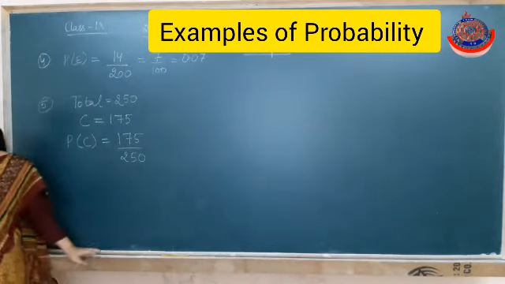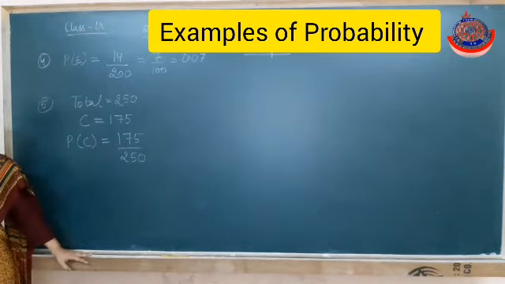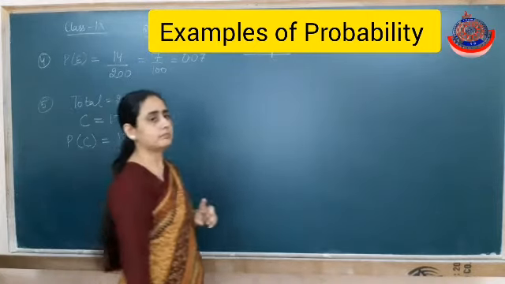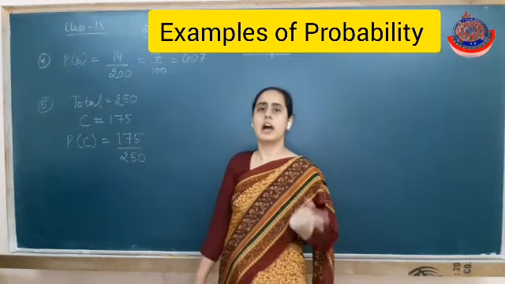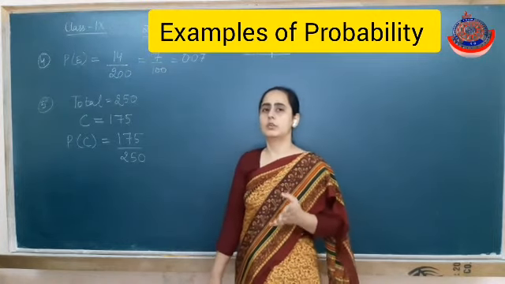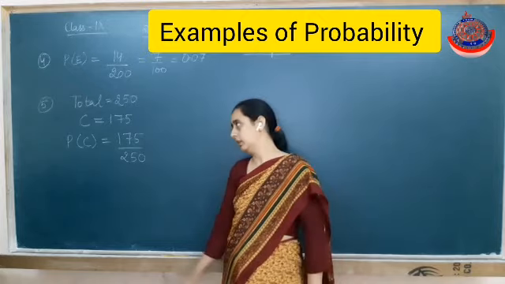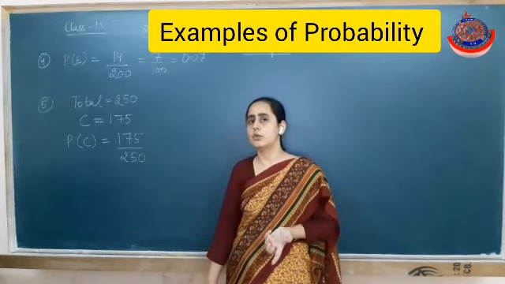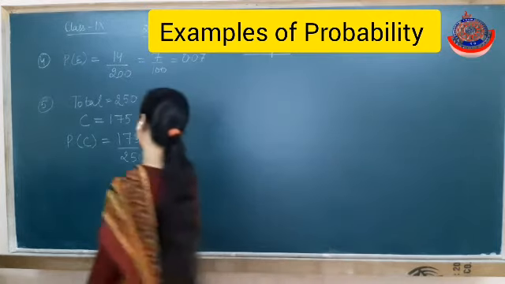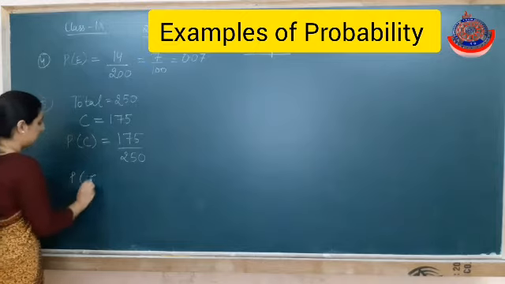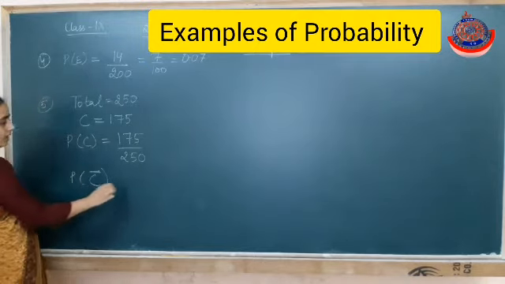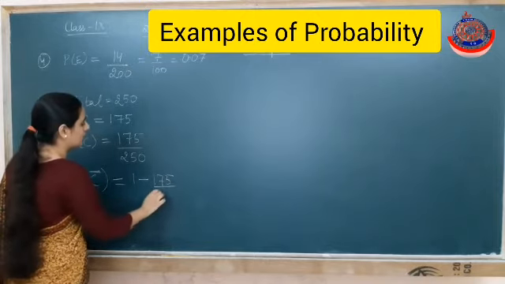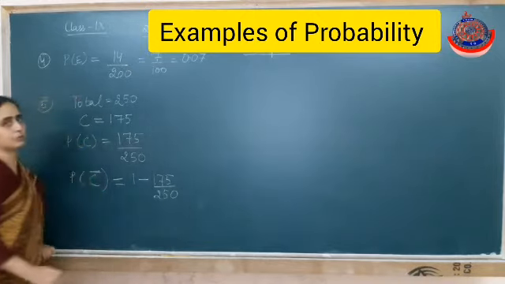Now the second point says, find the probability that it was not correct. I told you one thing: if we know the probability of happening of one thing and we want the probability of not happening, then not correct can be found by 1 minus the probability of getting a correct value.